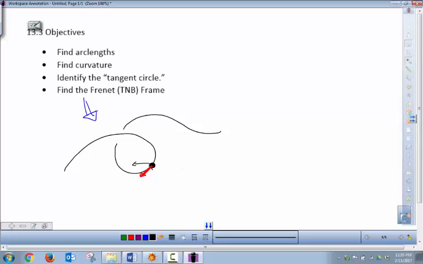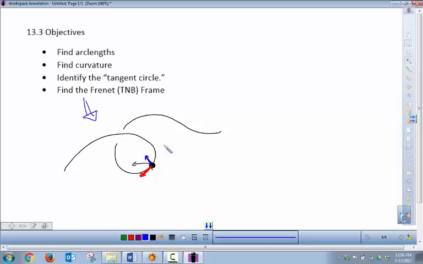And so there's a second vector that we're going to talk about that should be perpendicular to the tangent vector. And here's the tricky part: that vector should be in the same plane as the acceleration vector.